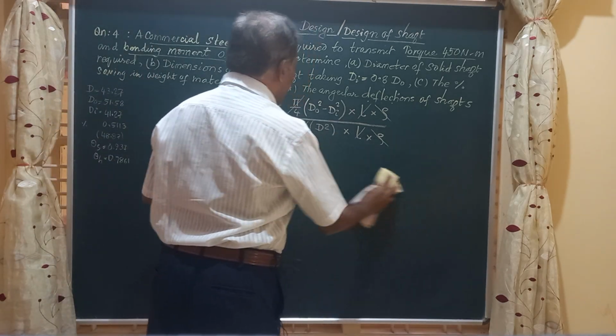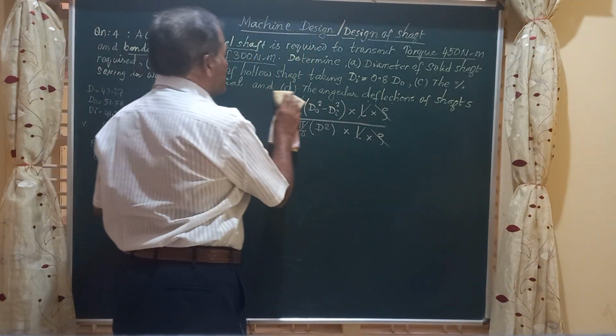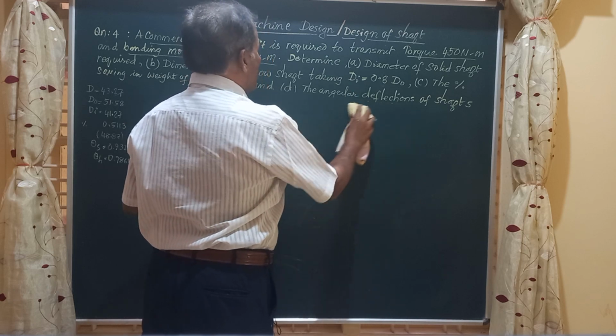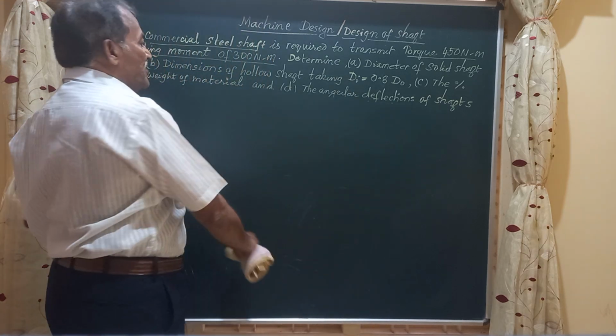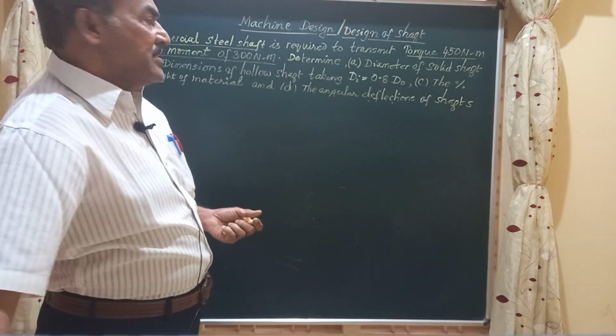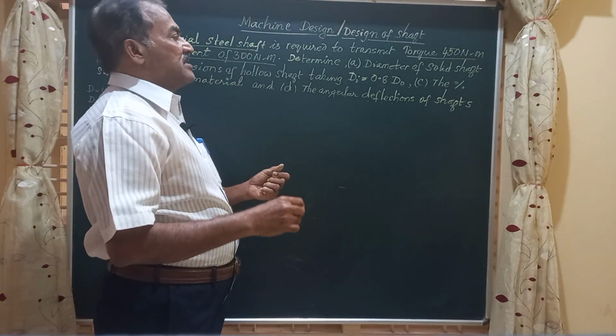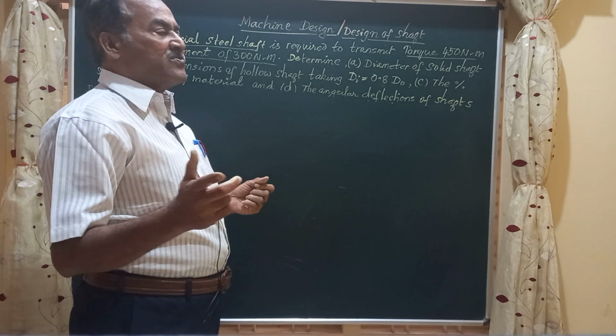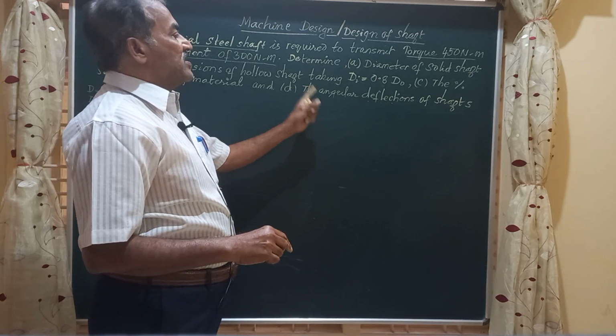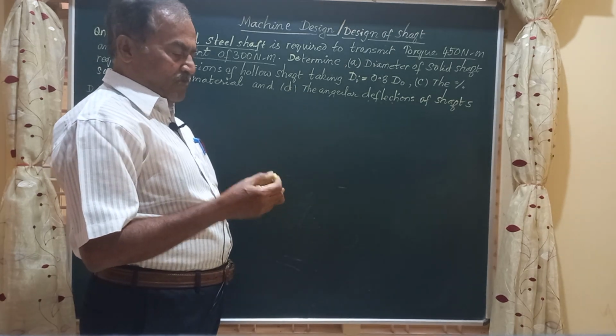Friends, we have completed 3 parts in this question, and finally it is asking us to find out the angular deflection, that is the deflection the shaft undergoes while transmitting this torque and bending moment.